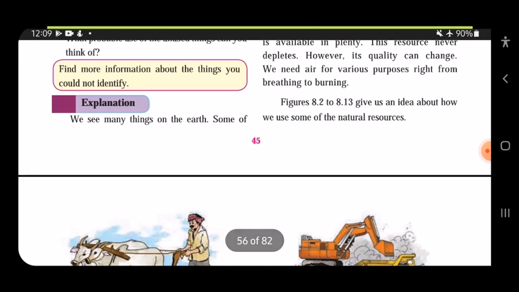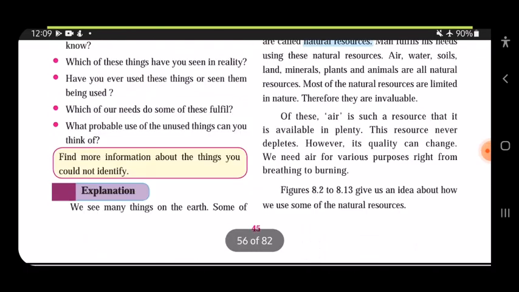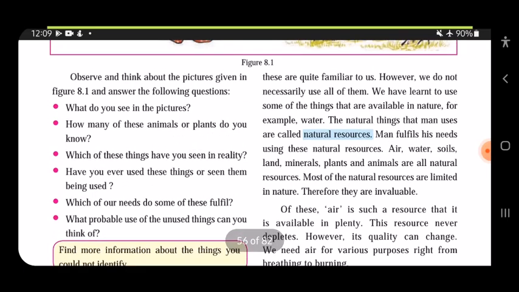Okay, now let's move to the explanation part. We see many things on the earth. Some of these are quite familiar to us, means some of them we have seen, while some we have not seen. However, we do not necessarily use all of them. We have learned to use some of the things that are available in nature, for example, water.